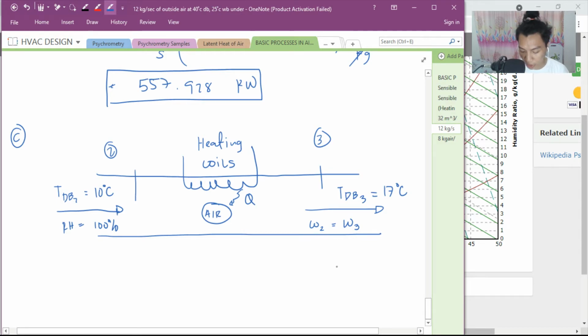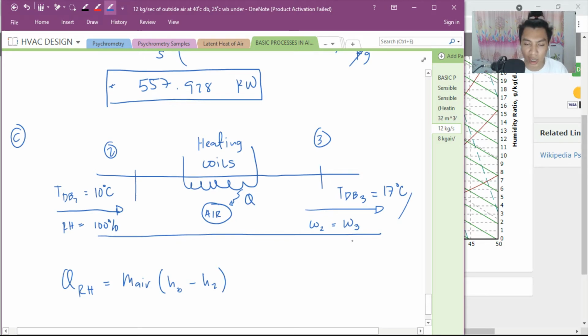So, saturated ang air mo, in order for you to find yung heating coil, that is equal to mass ni air, H2 minus H3 pala kasi mas mainit eh. H3 minus H2. Now, sir, anong gagawin ko dito? Okay, 17 tsaka ano?